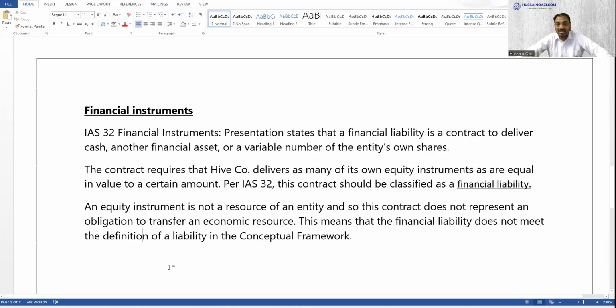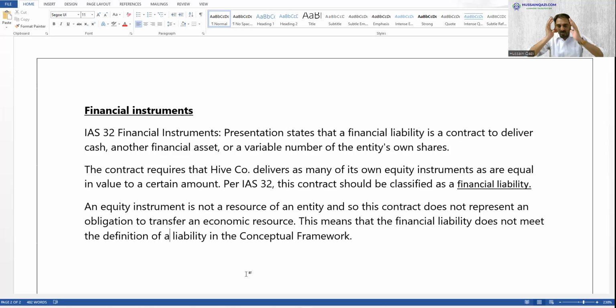But once again, do remember, although some accounting standard requirements like IAS 12 or financial instruments do not meet the definition of the conceptual framework, the accounting standard requirement always overrules, and you record accordingly. This is actually a debate which has different angles and is never complete. But do remember, the accounting standard always overrules.